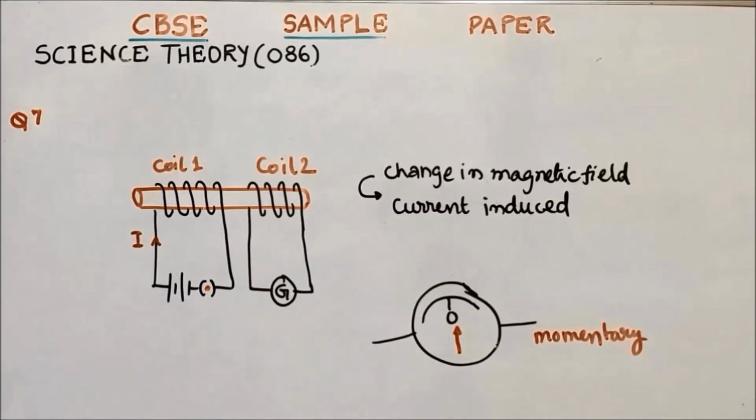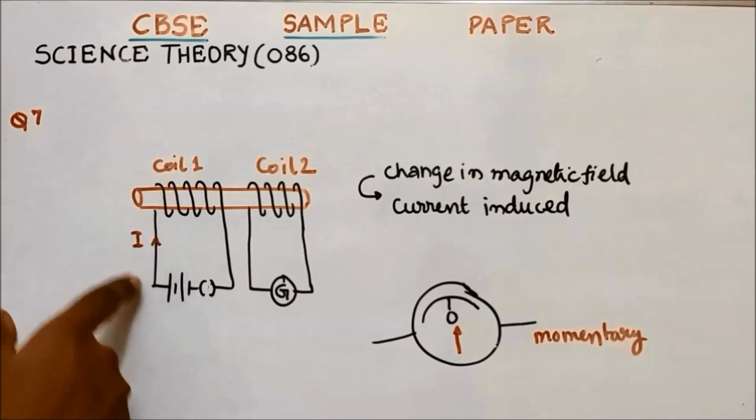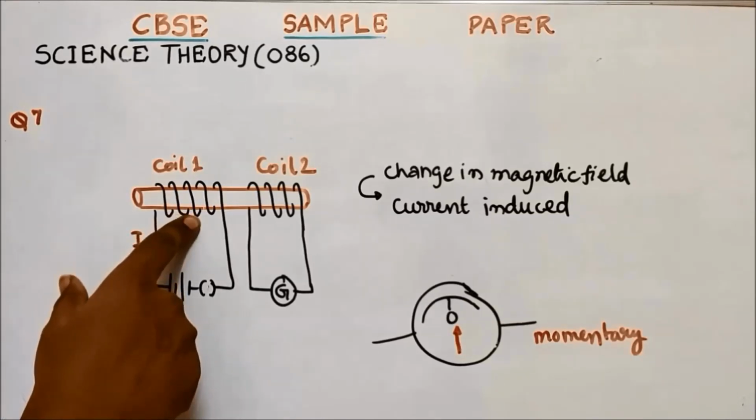Then what happens? The key has been removed. Before removing the key, what was there? There was steady current flowing through coil 1. Because of the steady current flowing through coil 1, there is a steady magnetic field around coil 2. Now suddenly when the key has been removed, the current flow in the coil 1 becomes 0. So if the current becomes 0, what about the magnetic field created?